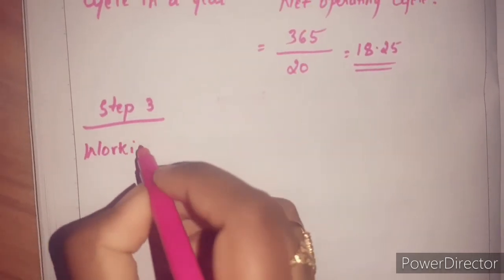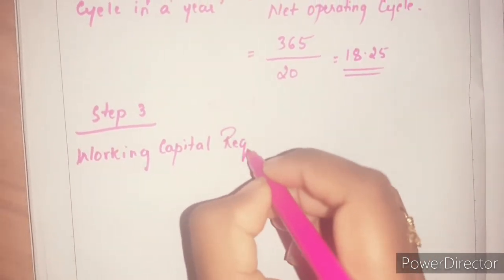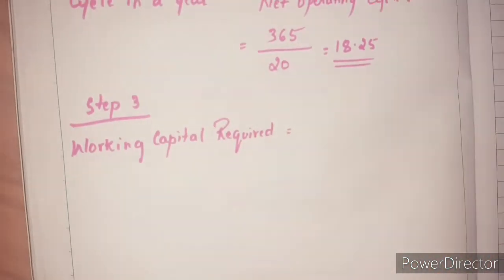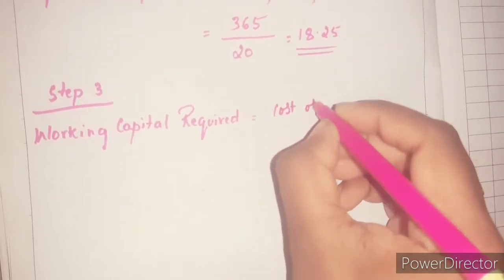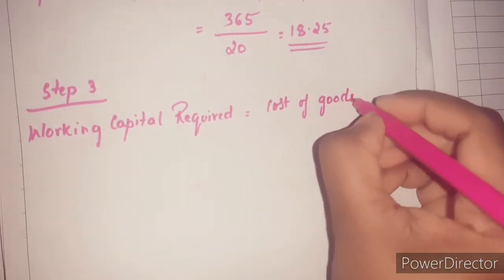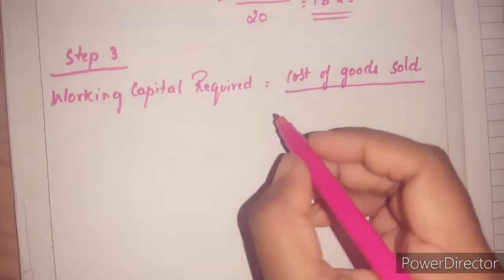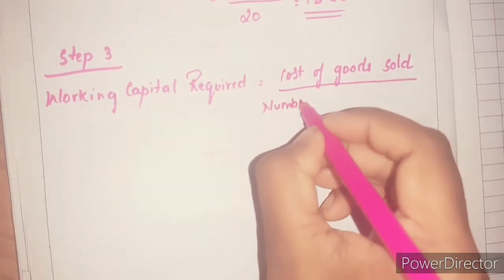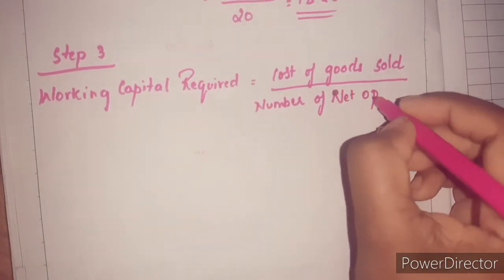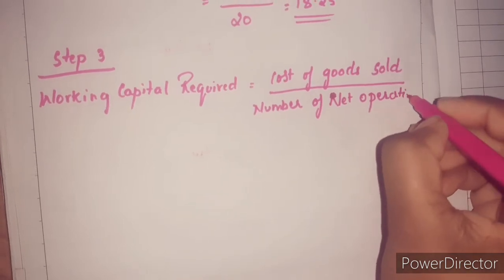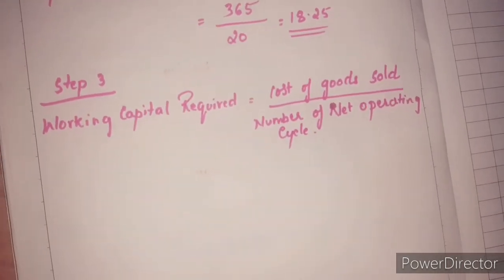Calculation of working capital required is equal to, we know the formula, cost of goods sold divided by number of net operating cycles.